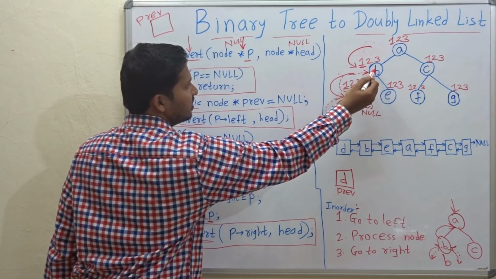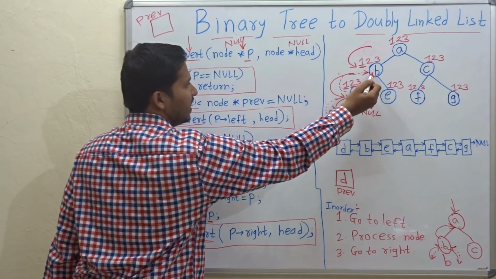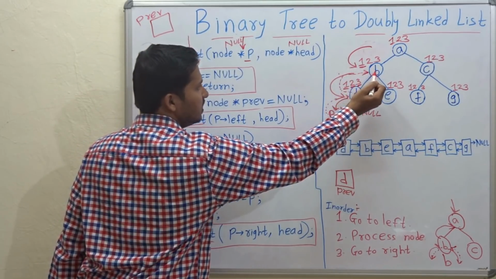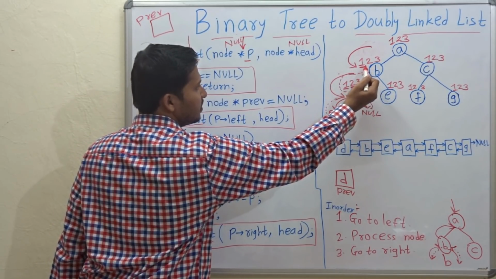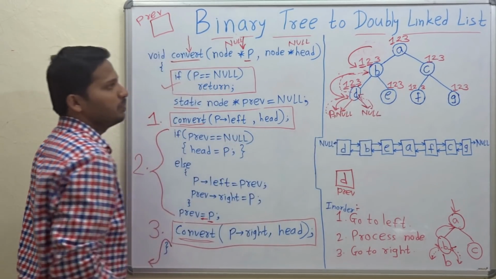See, for B the first step was to go to the left. So we went to left D. Now when we return from D, as the first step is over for B, now we will go to the second step.